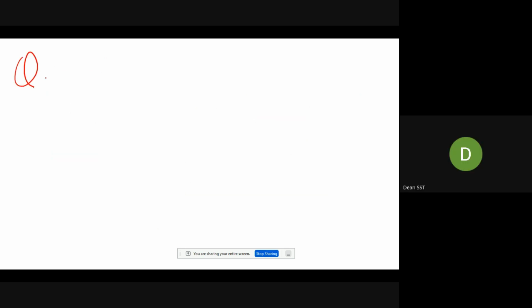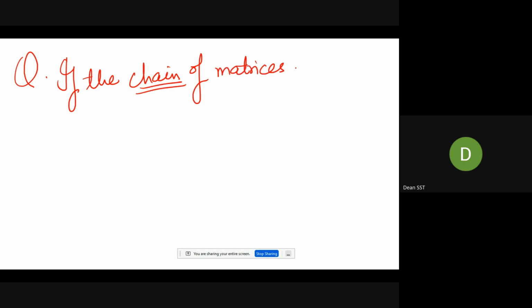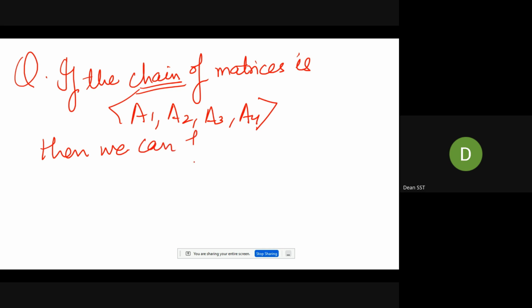Yes, ma'am. So the question is, if the chain of matrices, if the chain means multiple matrices, is A1, A2, A3, A4, suppose we have 4 matrices, then we can fully parenthesize.